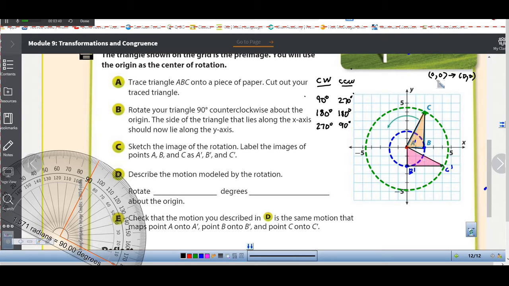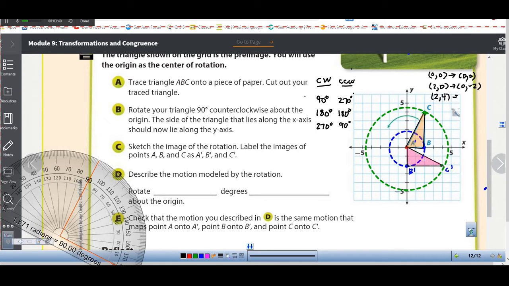It didn't change. What about B? B was 2, 0, right? B was at 2, 0, and now where is it? Now it's at 0, negative 2. Interesting.